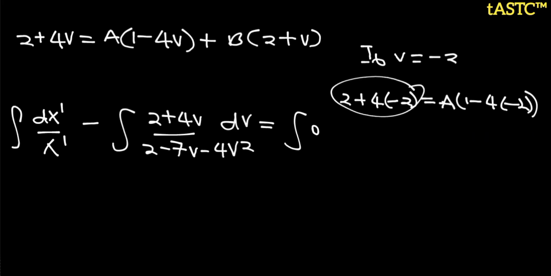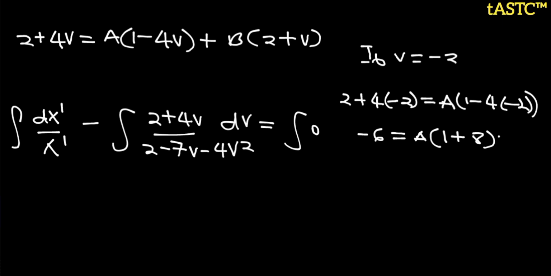So on this side, we're actually going to have a 2 minus 8, which would give us a negative 6. And on this side, we're going to have an a multiplied by 9. Let us just take it more gradually. So this is a 1 plus an 8. That should give you a 9. So we should have a 9a right there.